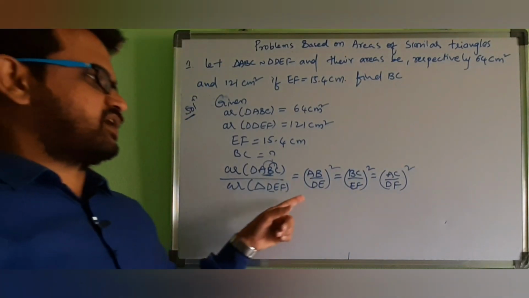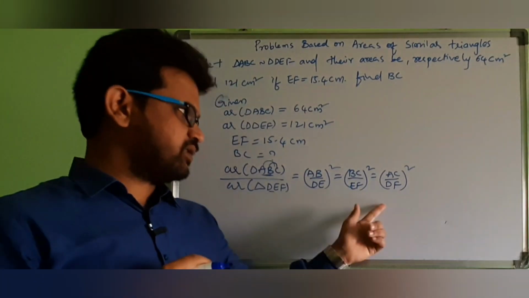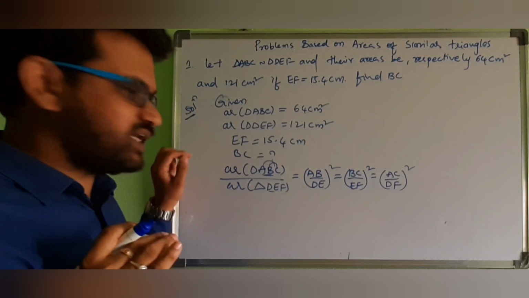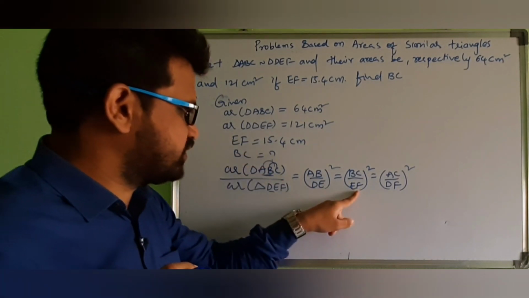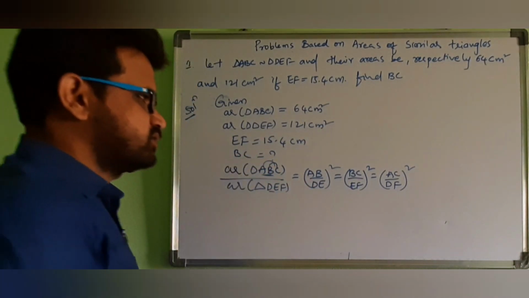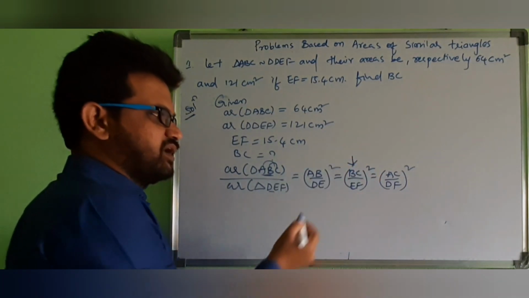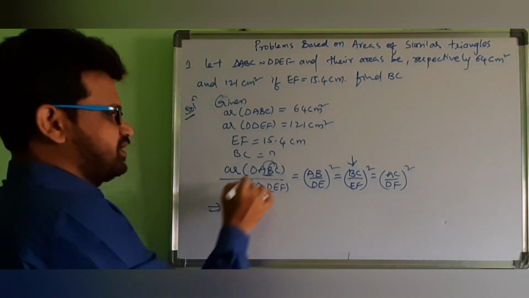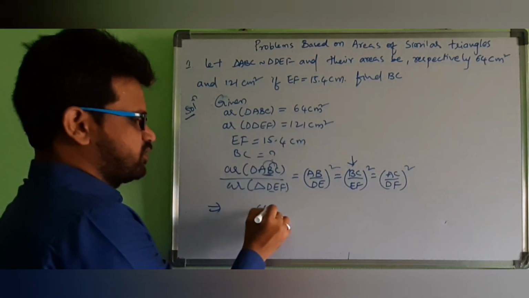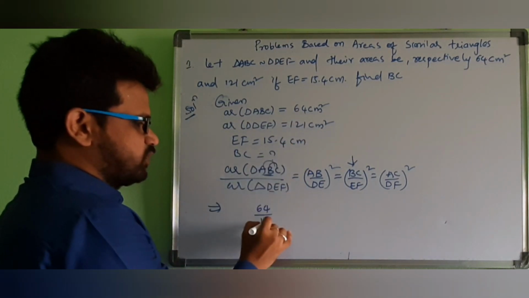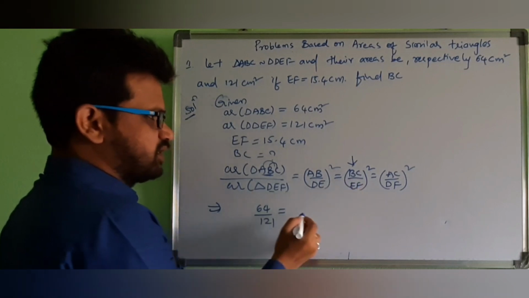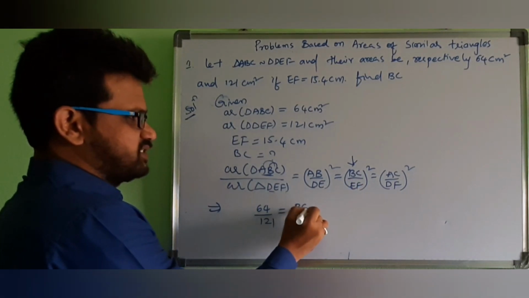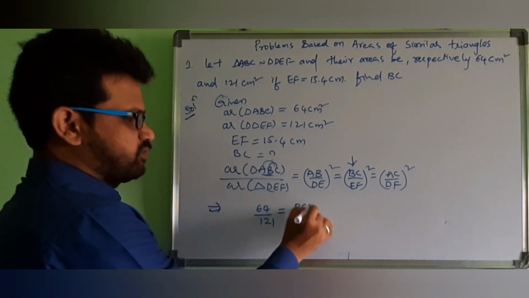At a time there is no need to take all three; according to the given sum, what is given is EF and we need BC. So this one we have to take because these three are equal. So 64 divided by 121 is equal to BC by EF whole square.